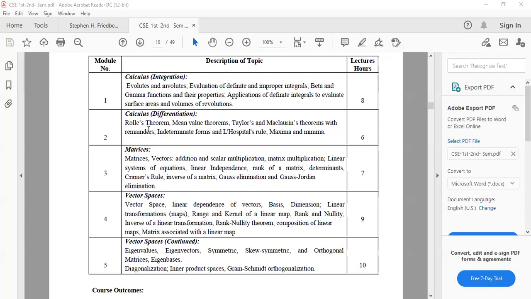This concept is very new, and it is essential for learning artificial intelligence, machine learning, deep learning, quantum computing. My specialization is in quantum computing, and in the 7th semester there is a course on quantum computing where modules 4 and 5 will be required to understand the subject.